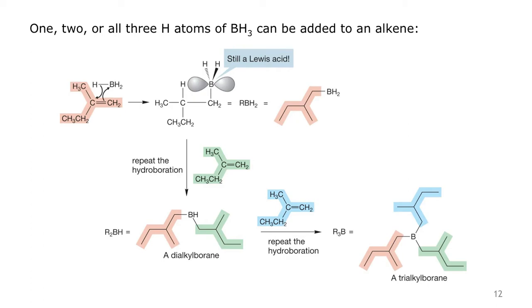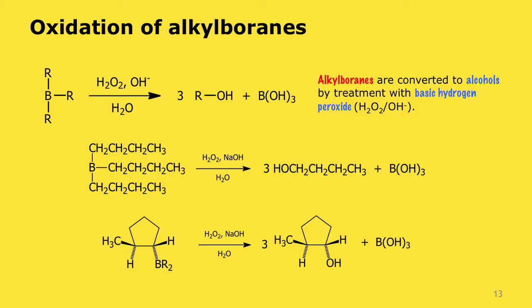All right, in and of themselves, the trialkyl boranes aren't terribly interesting, but what's useful about them is that they can be transformed into other things. And we're going to look at one of those transformations that's particularly useful to us, and that is that they can undergo oxidation. And the oxidation replaces the carbon-boron bond with a bond to a hydroxyl group.